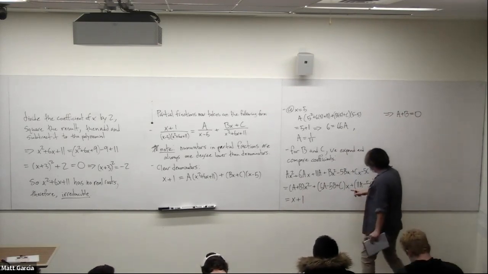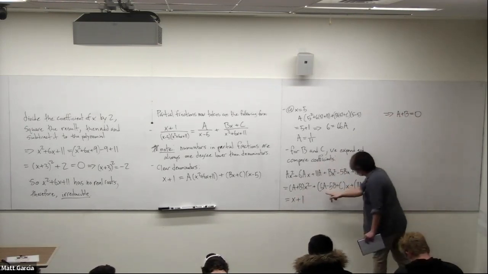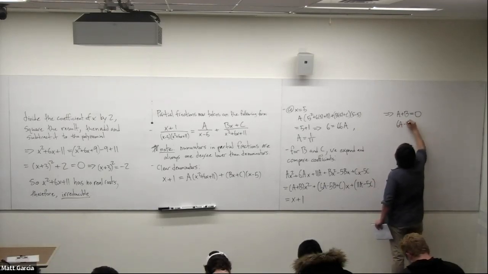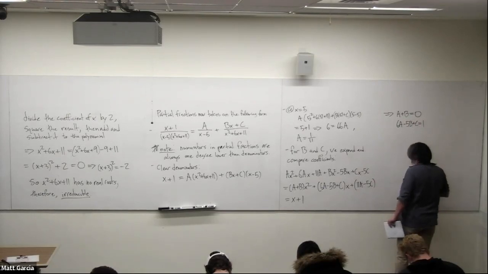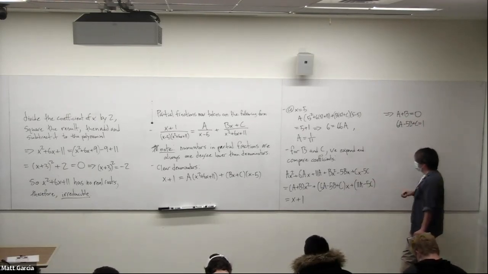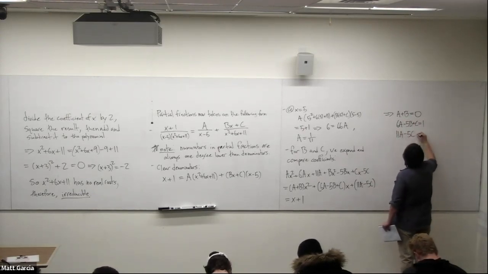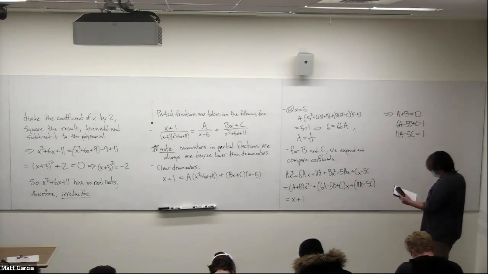So what's the coefficient on x in this polynomial? 1. So that means 6a minus 5b plus c is equal to 1. And the constant term is also 1, so that means 11a minus 5c also equal to 1. Okay.